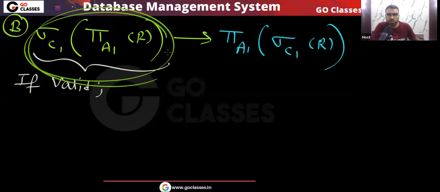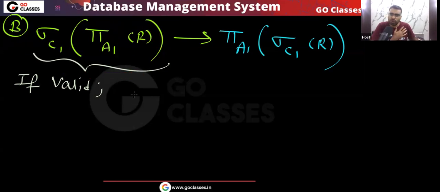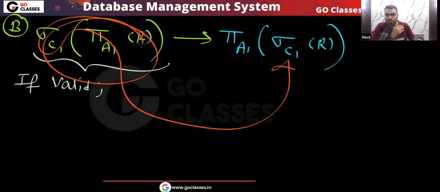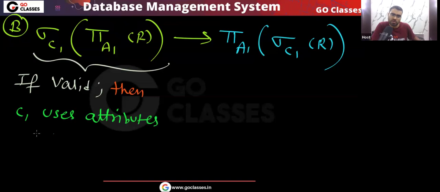If this query is already a valid query in your system, now we want to check, can we replace this query with this query? So tell me, if this query is already valid, then it automatically means what? It means this C1 is using attributes of A1 only.